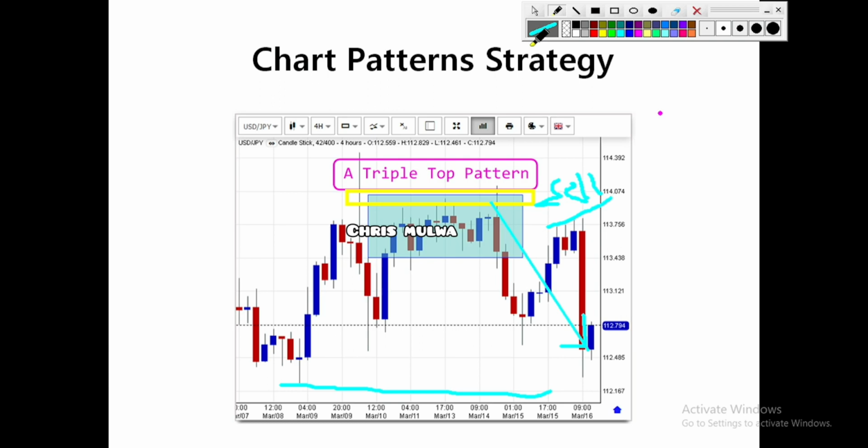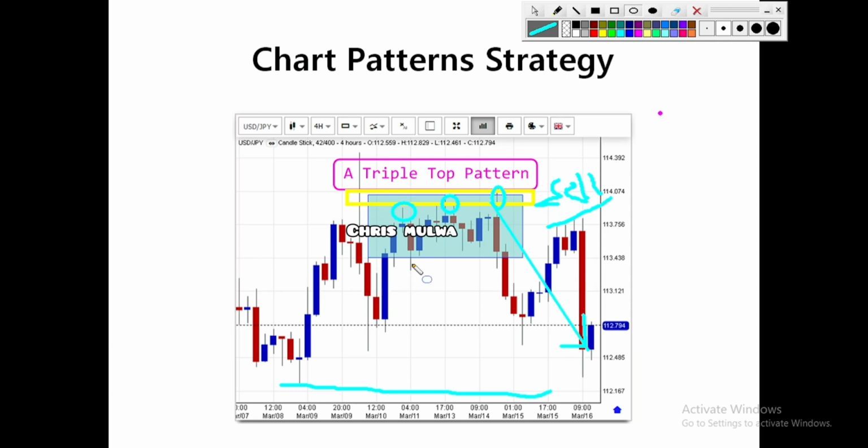We have our first top, our second top, and our third top.